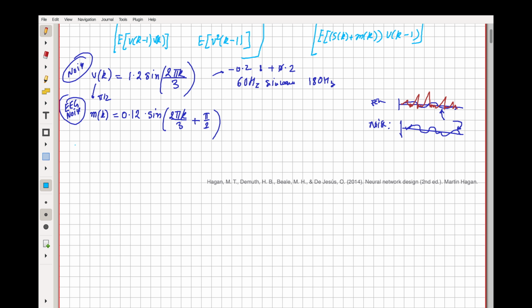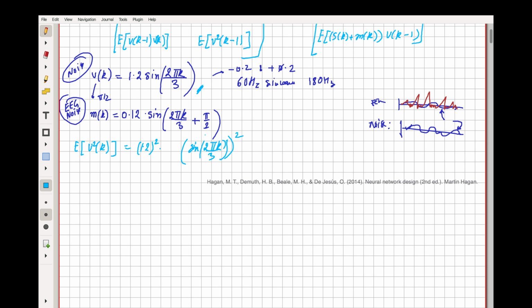Expected value for V squared is equal to, using the relation that we have, 1.2 squared times sine 2 pi k by 3, squared.